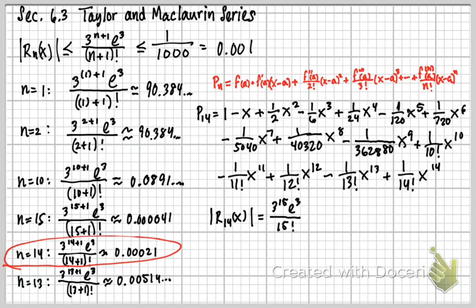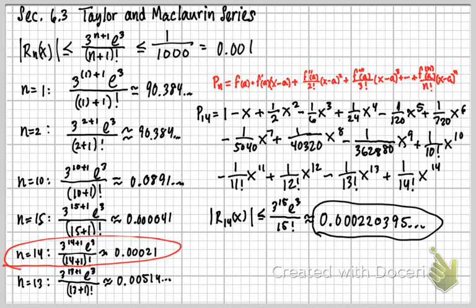And that number turns out to be this number right here. So that's the number that we're actually going to be less than for all of our x between. It's going to be the most amount of error that we could have using that P14. All right, there it is.